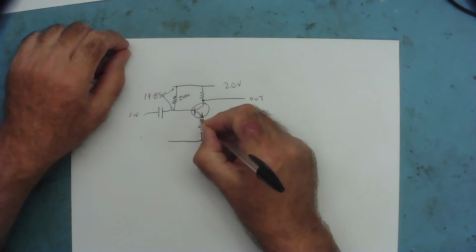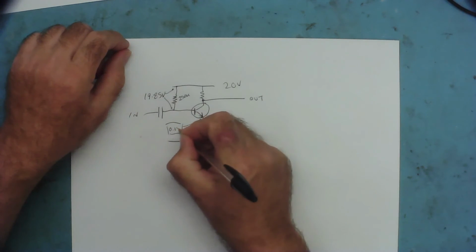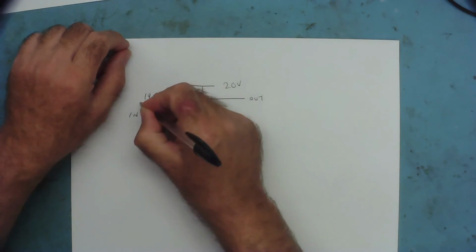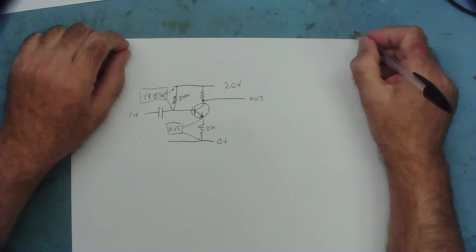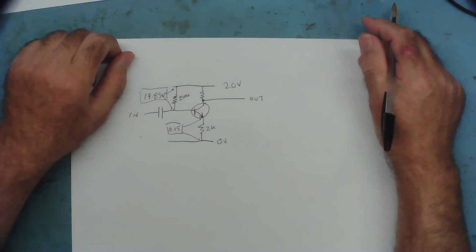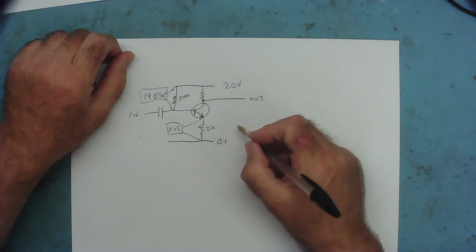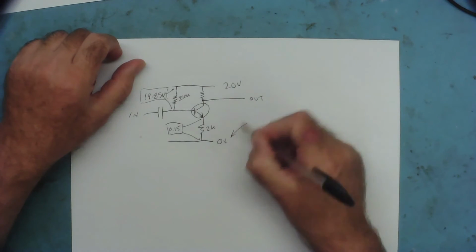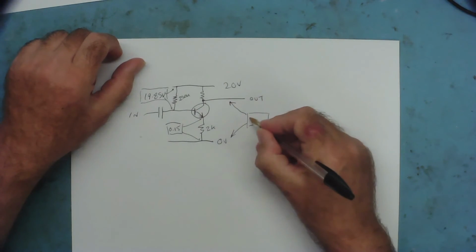So we're going to connect a meter probe to here, red, black. And we find we got 0.15 volts. And there we got 19.85. Okay. Let's measure the voltage on the output. Again, we'll connect our test meter to here and to here, red, black, and we've got 20 volts.